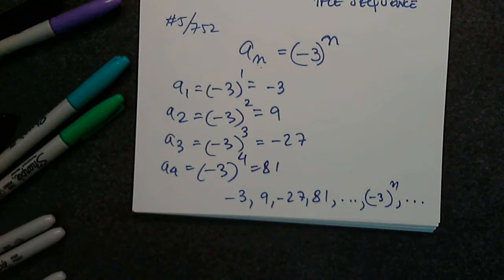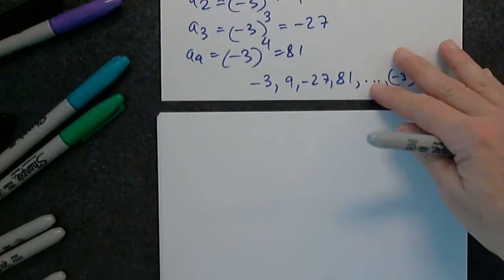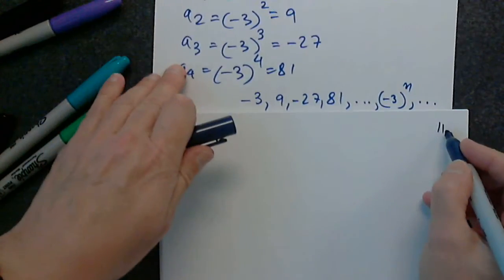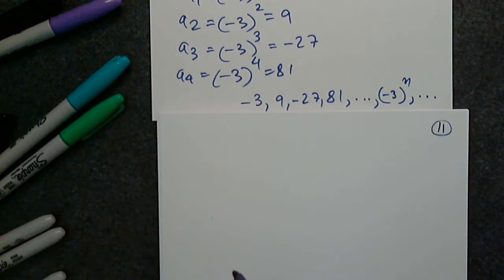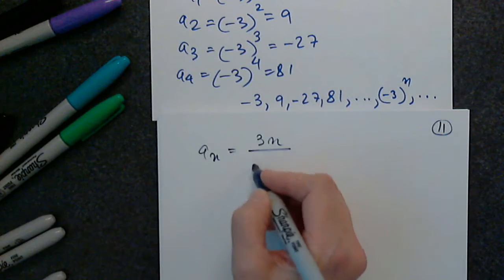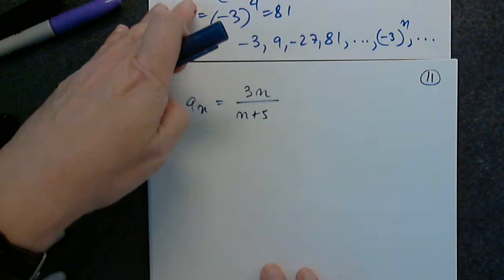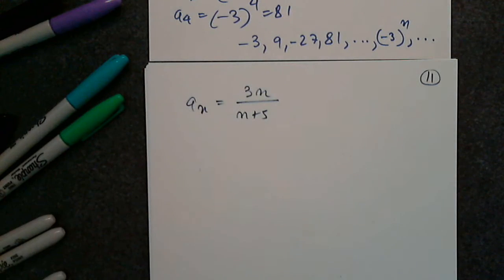And let's look at number 10. A sub n equals 3n over n plus 5. Same question.